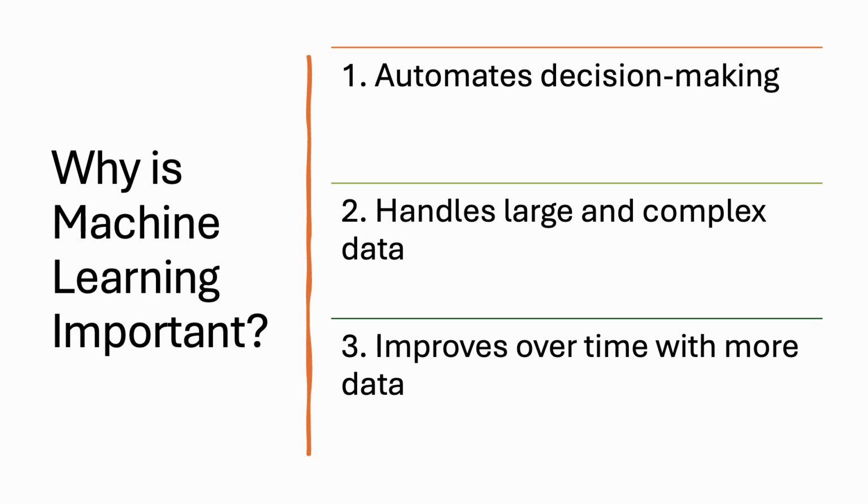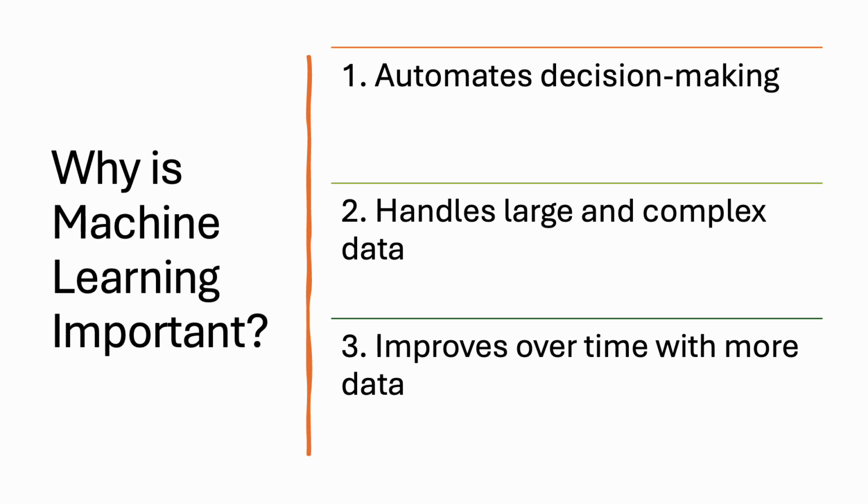So, why is machine learning important? It automates decision making, saving time and reducing human error.